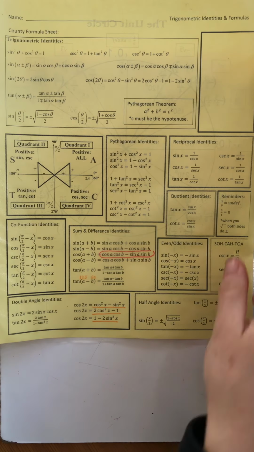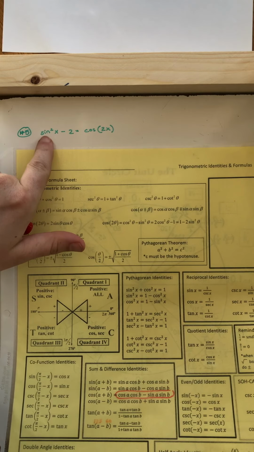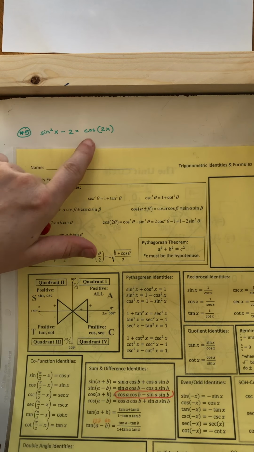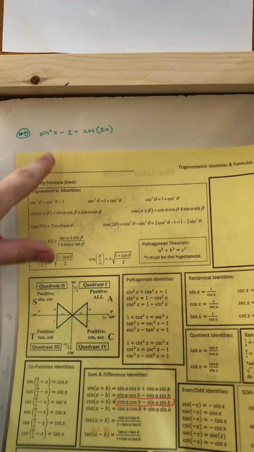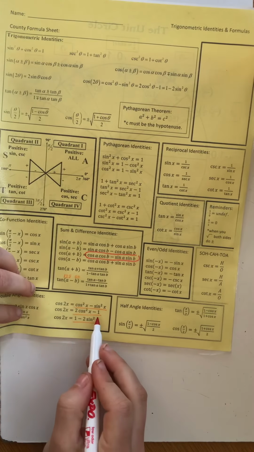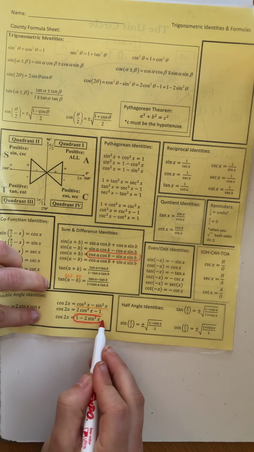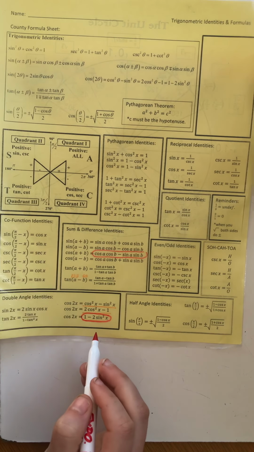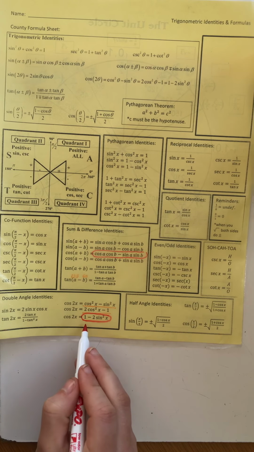Now there are 3. The one that you choose should be, you see how there's a sine squared here? So I want to choose the cosine 2x formula that just has a sine in it. So that would be this bottom one. It's the only one that has the sine by itself. So I'm going to replace cosine 2x with 1 minus 2 sine squared x.